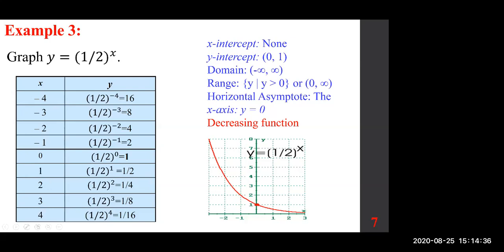Let me see if I can pick a different color now. So if y or f of x equals a to the power of x, where a is between 0 and 1, the shape is what you see. The only difference is as a, the base, gets smaller, it gets closer to the y-axis. Just for the sake of argument, if I were to look at this graph, and let me use a different color now.